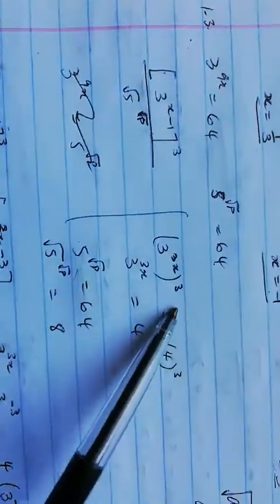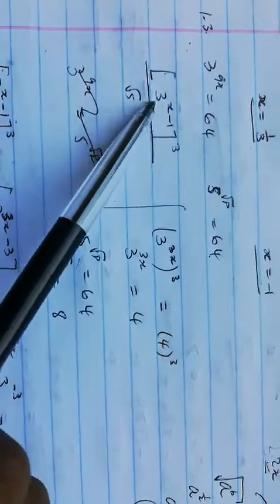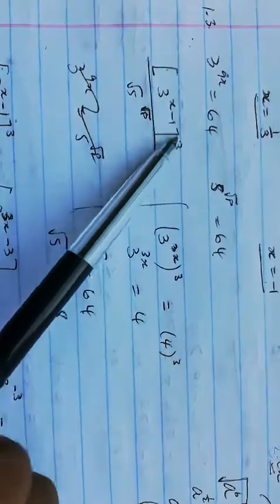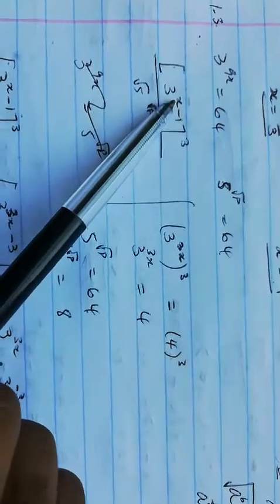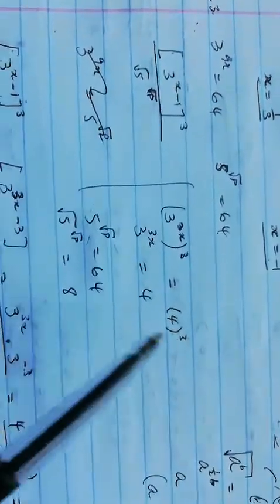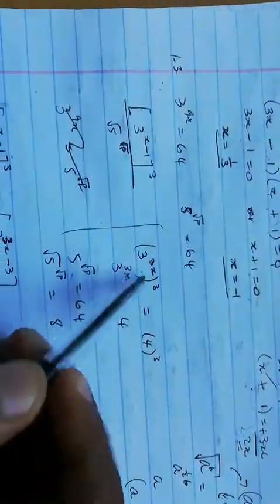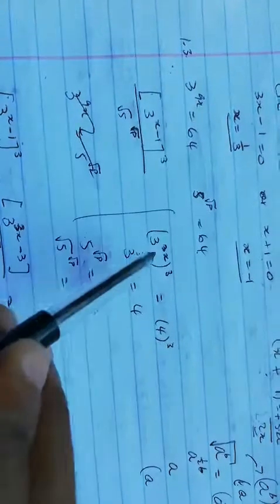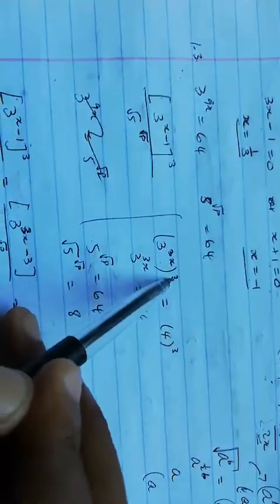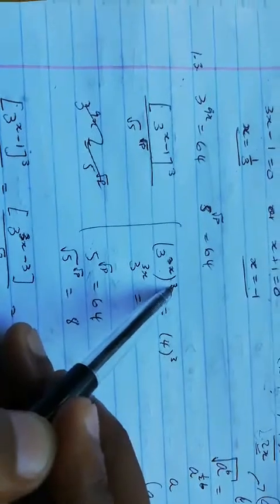Now, to get 3 to the power of 3x, because if we multiply that, you're going to get 3x, you say, okay, let's break everything up. How can we get 9x? 3 by 3x is 9x.